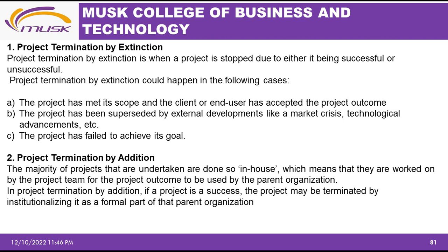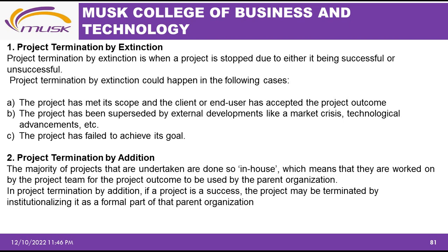One of the reasons why we can do this kind of termination method is when the client, or whoever the project was being executed on behalf of, has accepted the outcome. And then the project has been superseded by external developments like a market crisis or technological advancements.